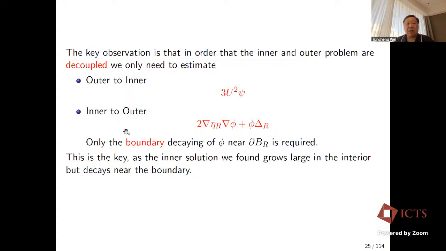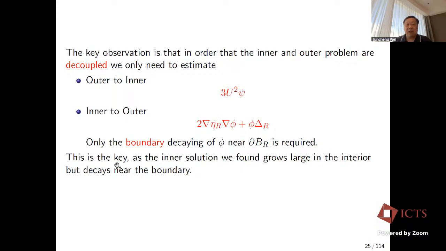The inner to outer coupling only happens near the boundary of B_R. So what we need is a solution that decays near the boundary. The solution inside may be large, but after a while, when you go to the boundary of B_R, it decays.